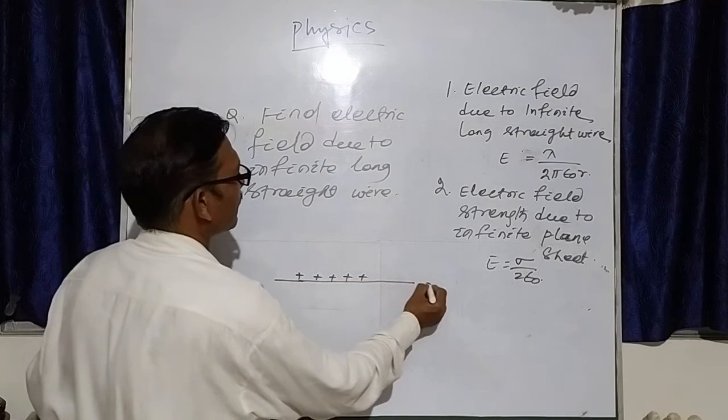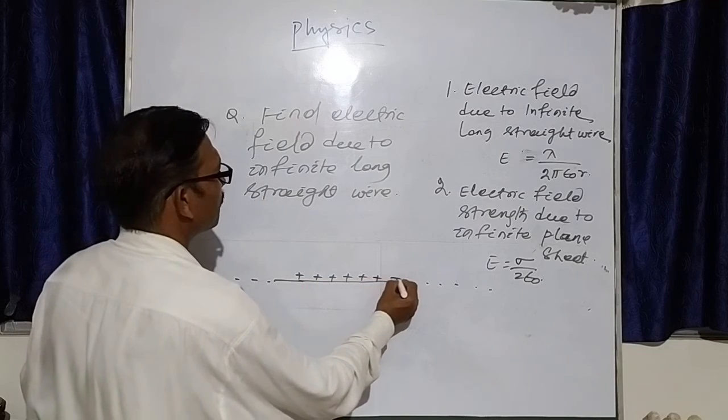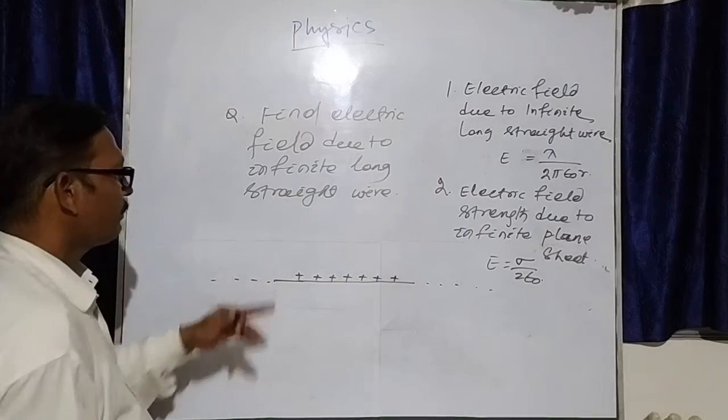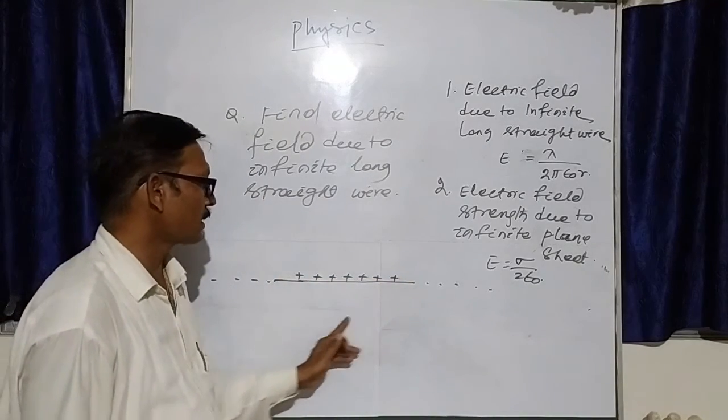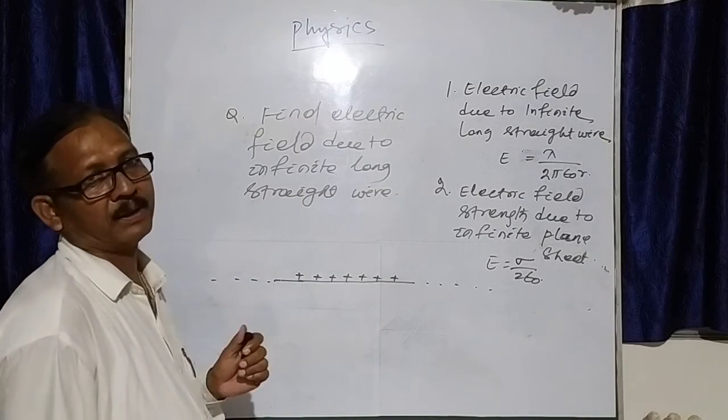This is called an infinitely straight wire. Due to the charge placed in a long straight wire, what is the electric field?